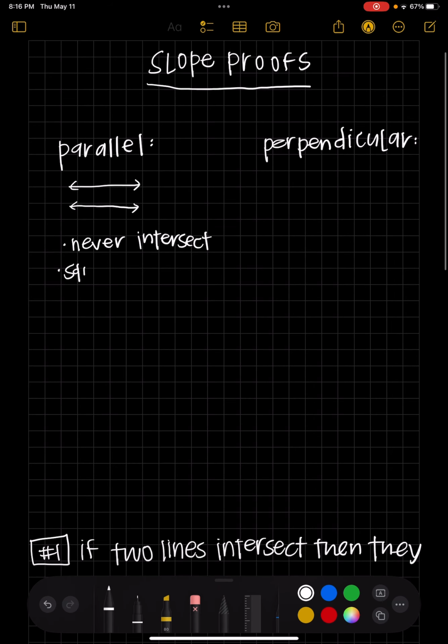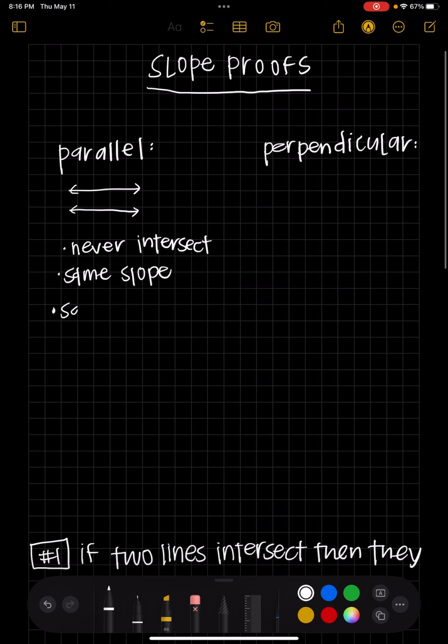If something has the same slope, that means that it rises and moves forward or towards the right at the same rate that another line does, which means that they will never ever intersect. They will always stay the same distance apart. Okay, so those are parallel lines.